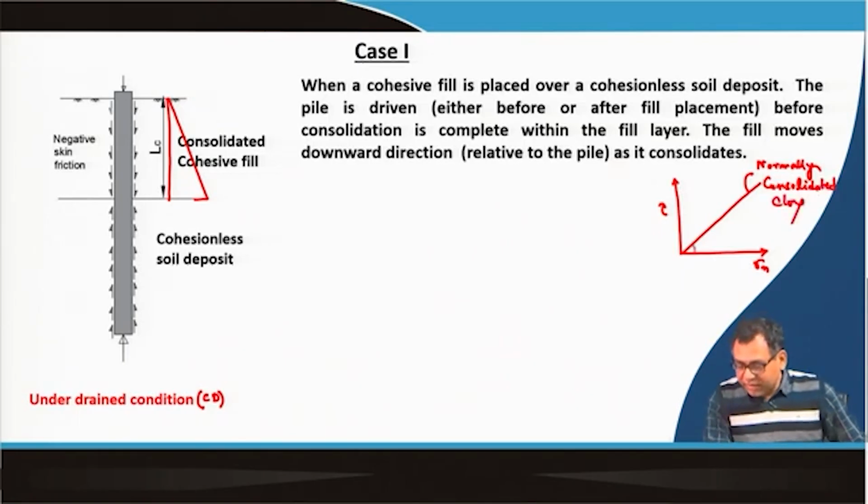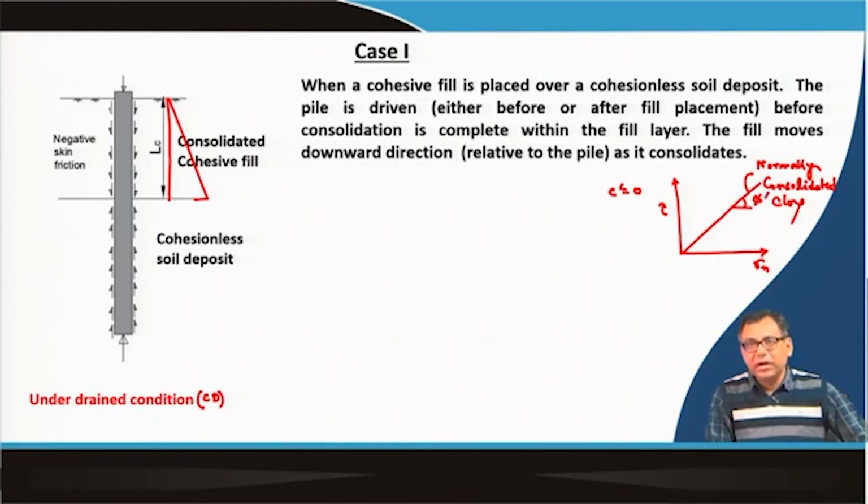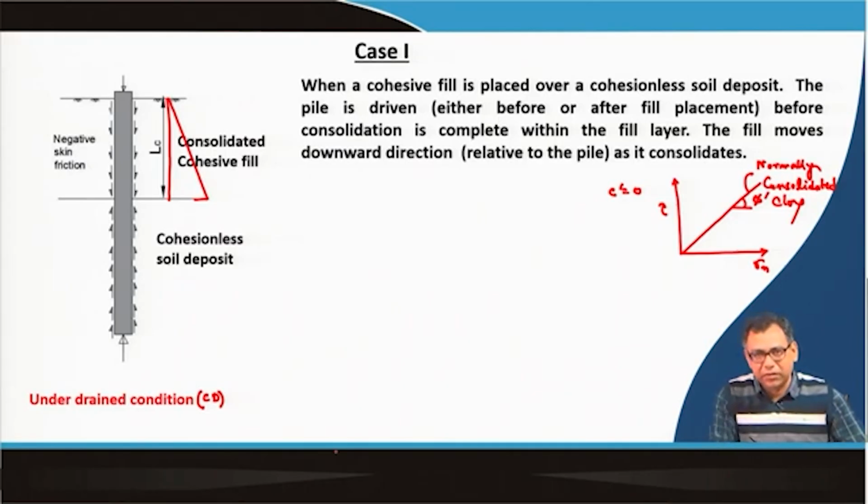So your c dash value will be 0 for a CD test, and there will be only a phi dash value, even if it is a clay. Remember that, because you have done the soil mechanics course.